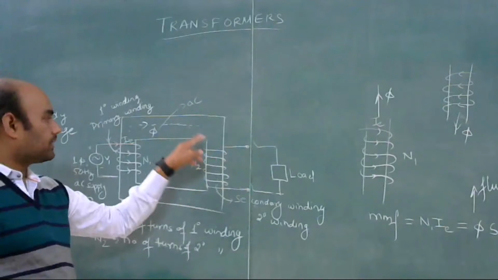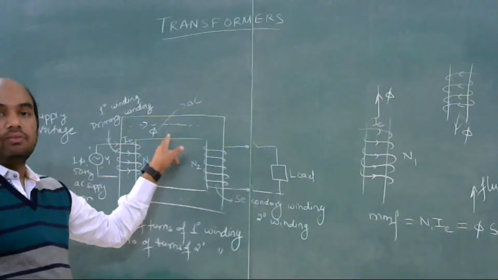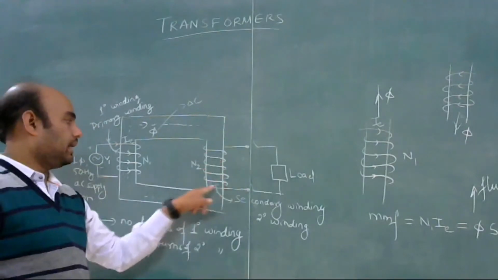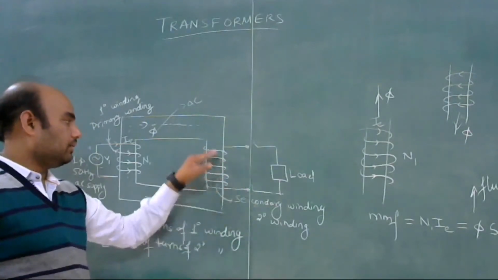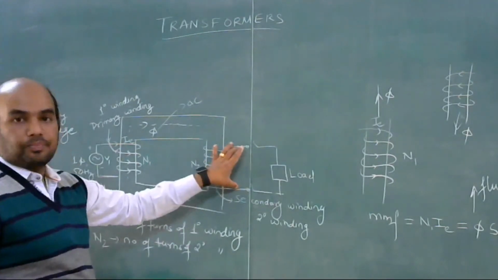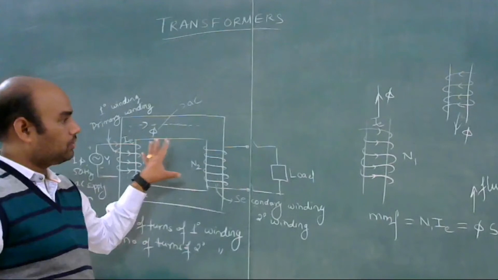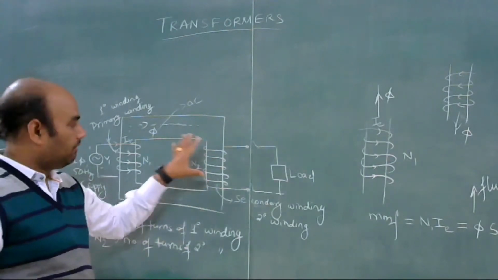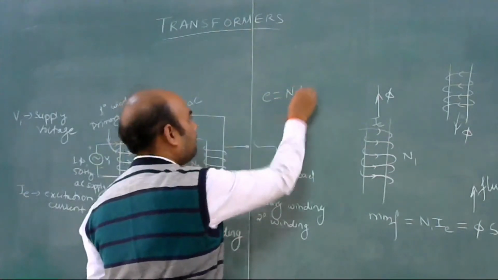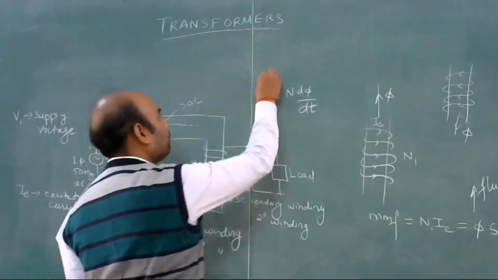Whenever alternating flux cuts the secondary winding, which has N number of turns, it will induce a voltage on the secondary side. This works on the principle of electromagnetic induction given by Faraday: E is equal to N d phi by dt. So there will be an induced voltage.